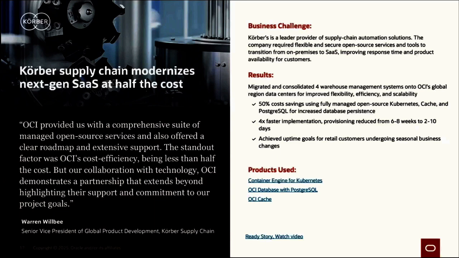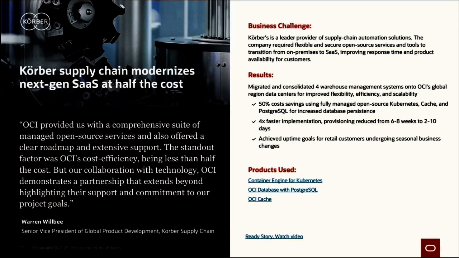They wanted to migrate from their on-premise and AWS warehouse management system that was hosted on AWS and on-prem. To them, I think the flexibility, efficiency, scalability, and cost were the main attractions for OCI. After migrating to OCI, which was a very quick implementation of a matter of days, they managed to achieve about 50% cost savings and about 40% performance improvement over their on-prem applications.